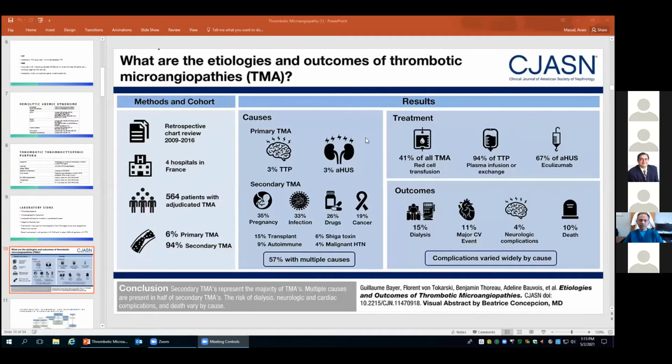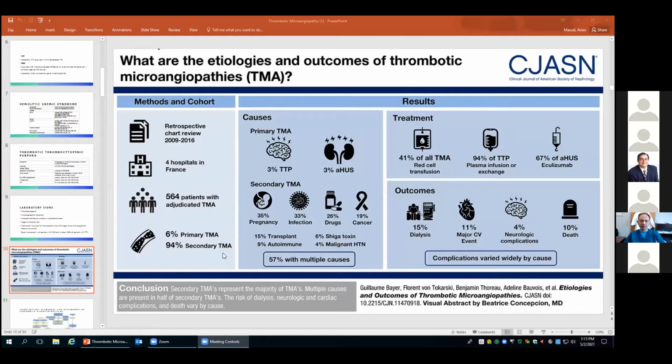So this is actually a study from the French registry, which found that it's a serious disease with serious consequences. They collected records from 4 hospitals, 564 patients, and they said that primary TMA, which we're going to talk about, is less common.